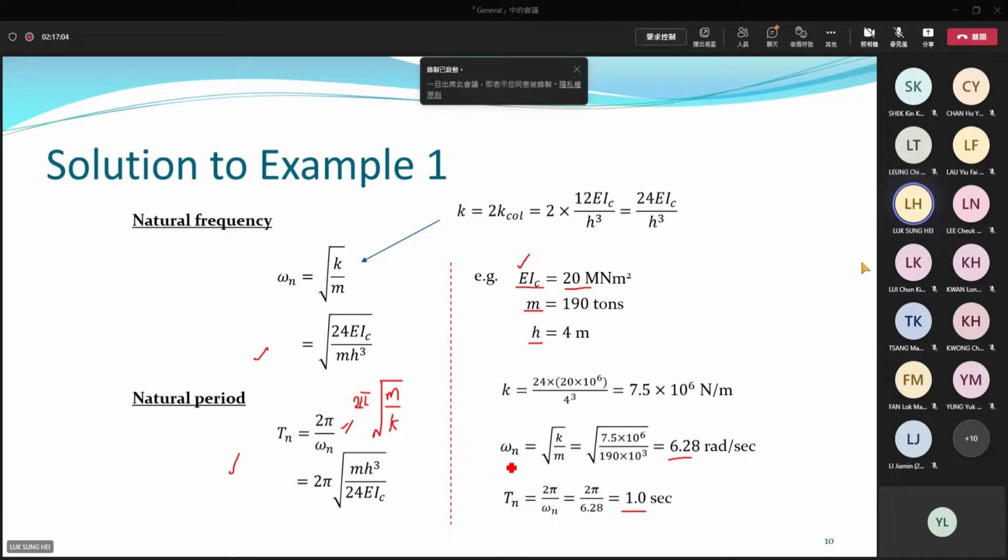One thing is that frequency, omega n, has the unit radian per second. When you do the calculation, you should express every unit in standard units. Standard units mean Newton for force, meter for length, and kg for mass.